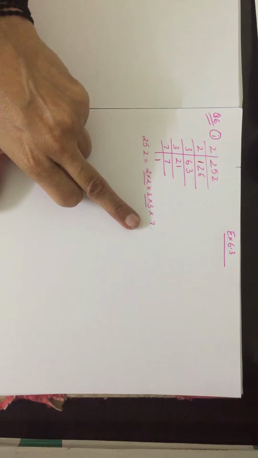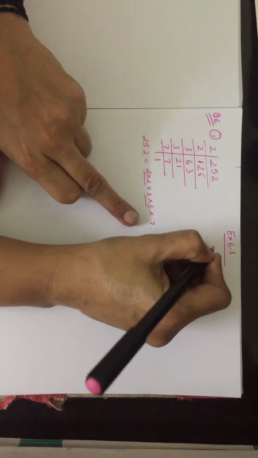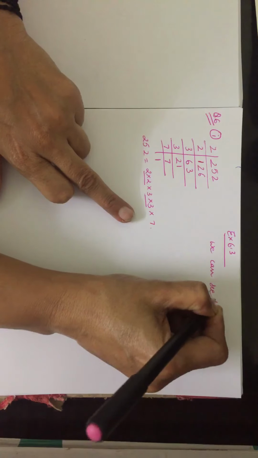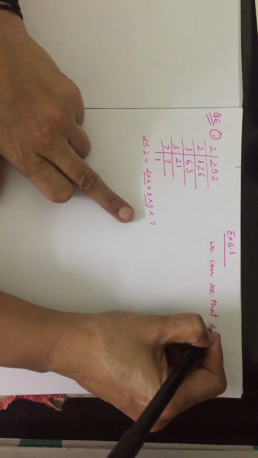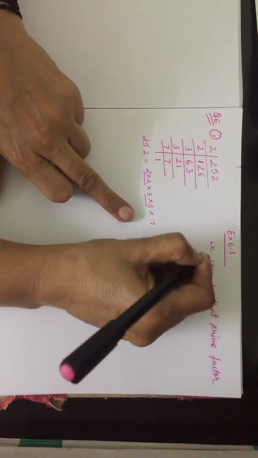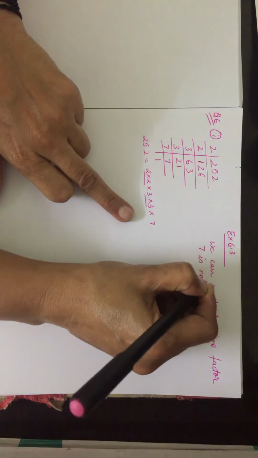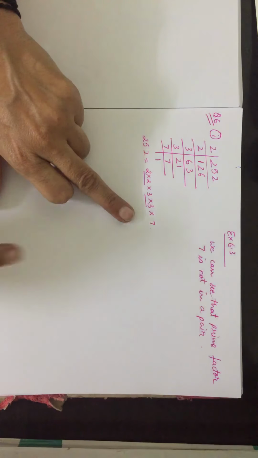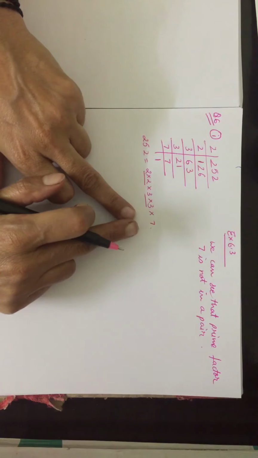Is that clear? So, we can see that prime factor 7 is not in a pair. Okay, so by which number will we divide?